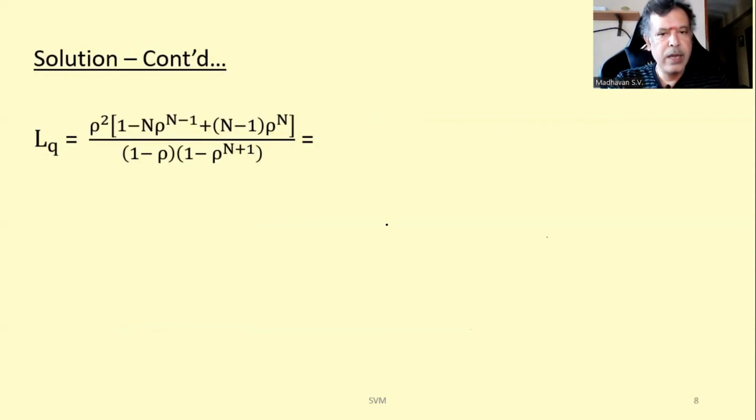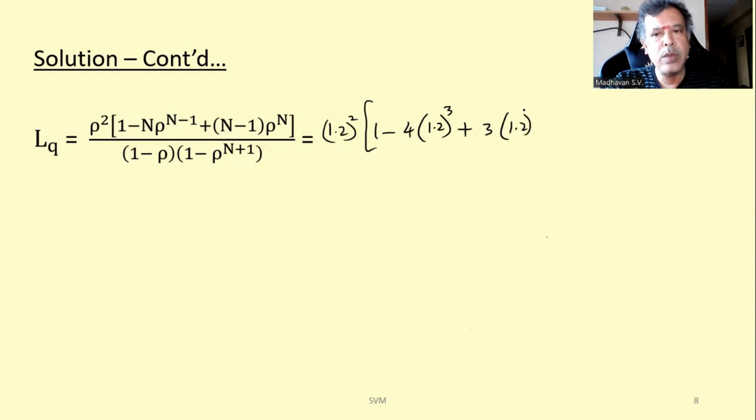Let us proceed to the next. LQ, that is rho square. So we can substitute 1.2 squared times (1 minus (capital N, which is 4, multiplied by 1.2 to the power of N minus 1. That means 4 minus 1, it becomes 3, plus (N minus 1), so that is 3 multiplied by 1.2 to the power of 4)) divided by (1 minus 1.2) times (1 minus rho, that is 1.2 to the power of 5).